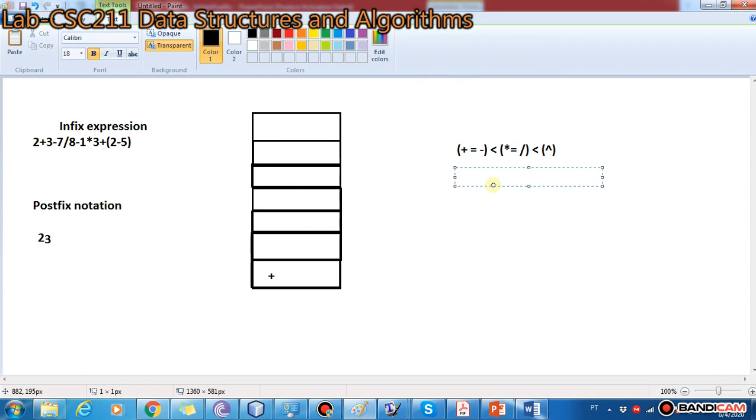Let me mention this here. Left association: the input operator, by input operator I mean the operator in the input expression which we are going to convert to postfix, has higher precedence.